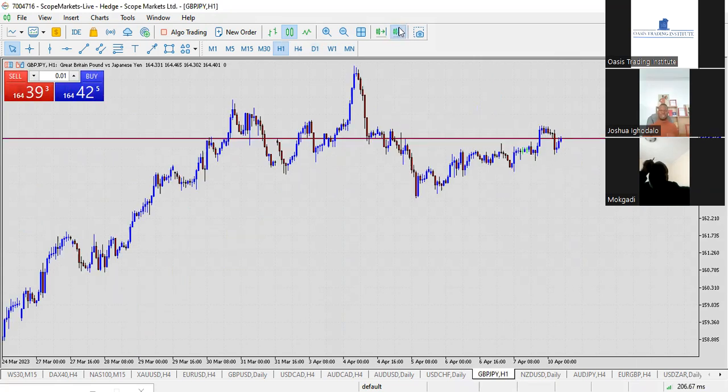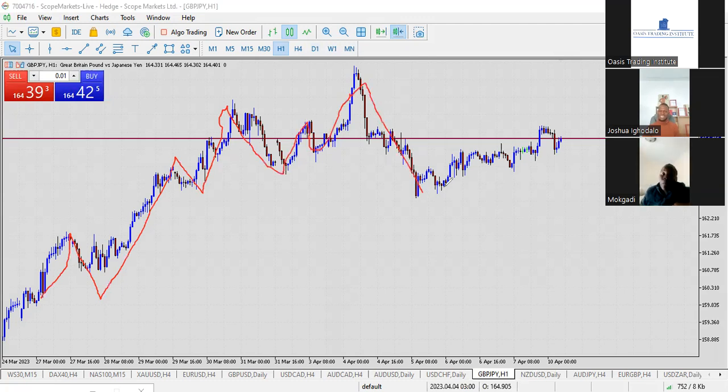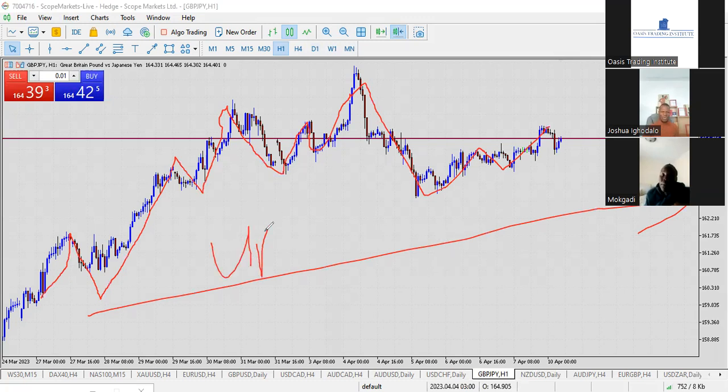In this particular market, you could see it has highs and lows, but the highs are higher and even the lows are higher. So this is a kind of market we call an uptrend market. The market is going up, so we call it uptrend or bullish.